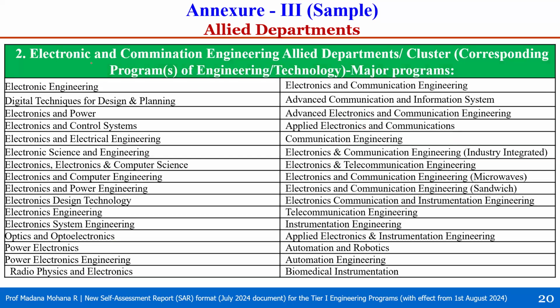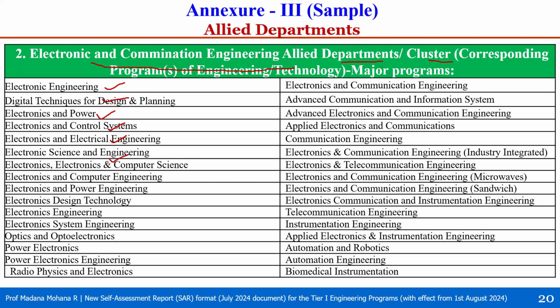Similarly, this is another example, electronics and communication engineering, ECE; allied departments are clustered major programs. So electronic engineering, digital techniques for design and planning, electronics and power, electronics and control systems, electronics and electrical engineering, electronic science and engineering. Then you can see all the departments are available.